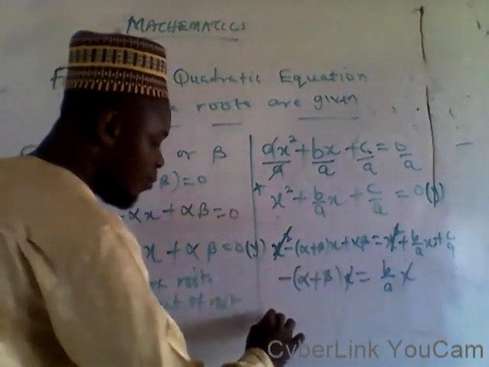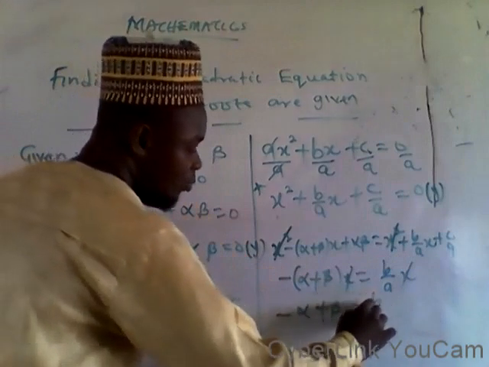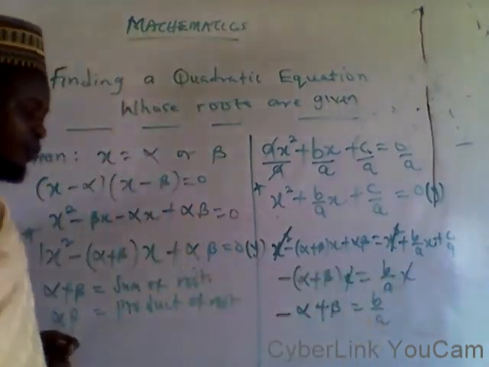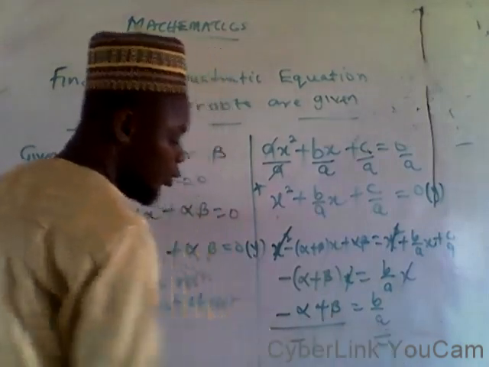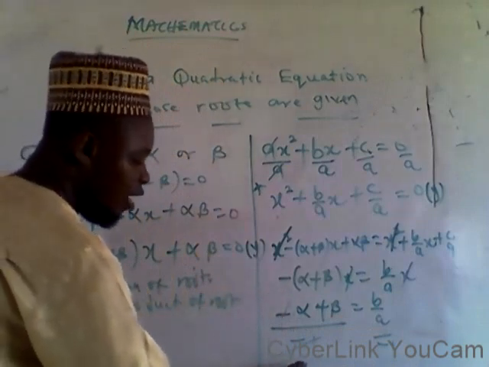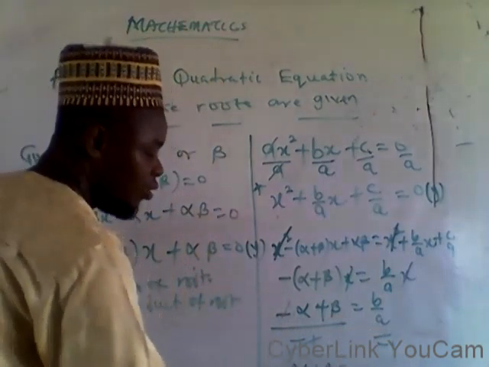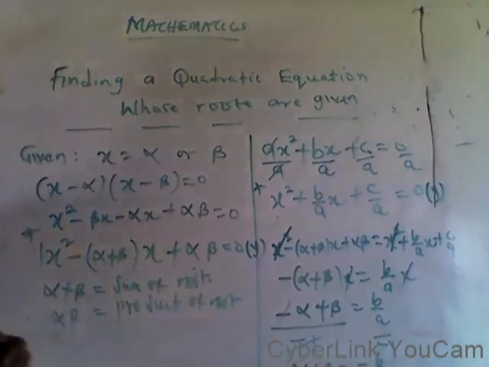So you now have minus alpha plus beta equals b over a. Divide through by minus 1, we cancel this, so you now have alpha plus beta equals minus b over a. You get that?